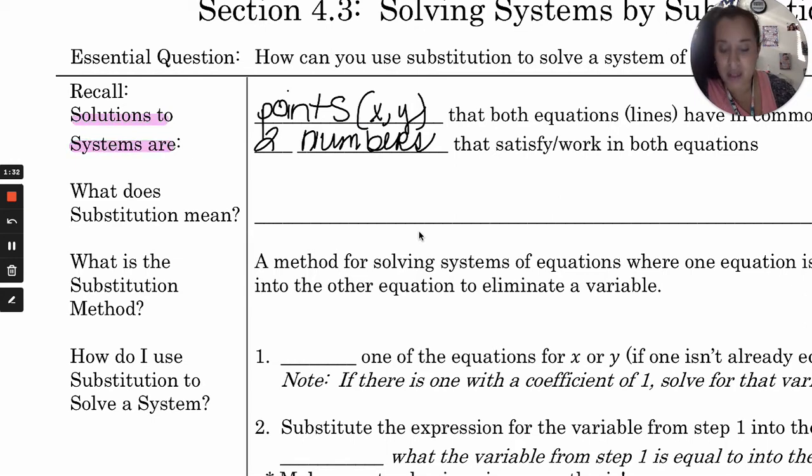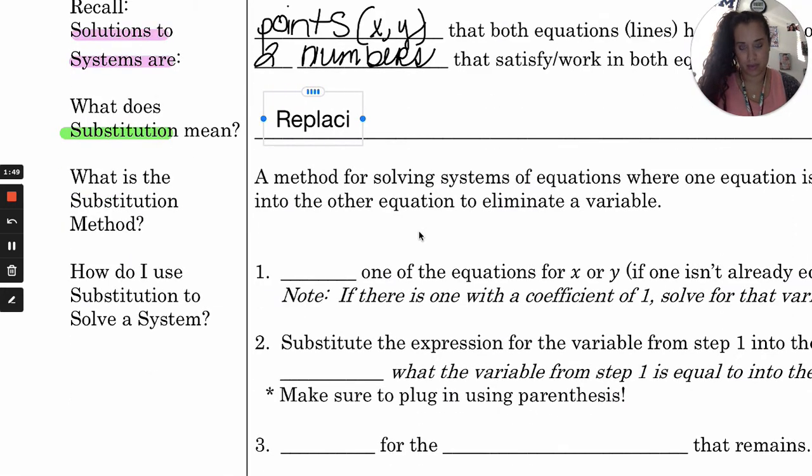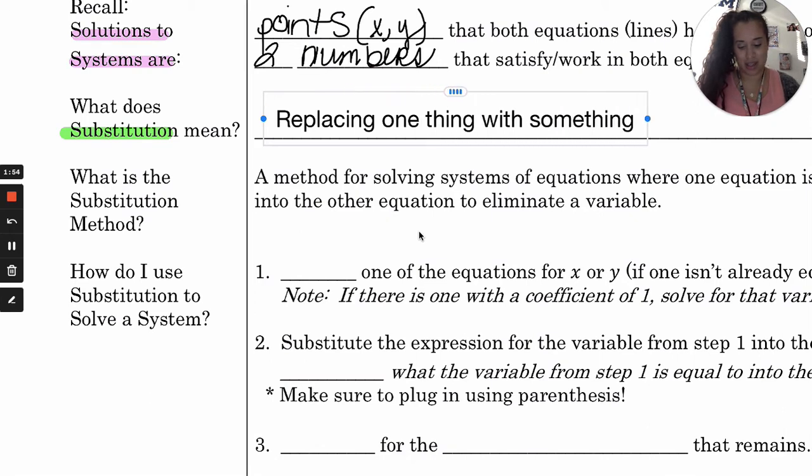So substitution. What exactly does substitution mean? By definition, substitution is replacing one thing with something else. So what we're going to try and do is substitute or replace one thing with something else.